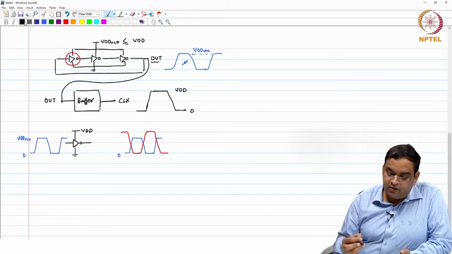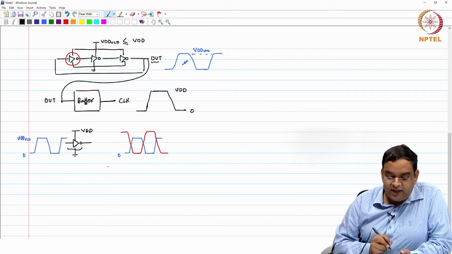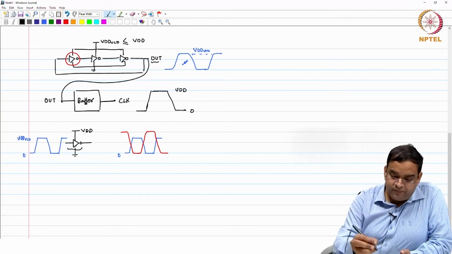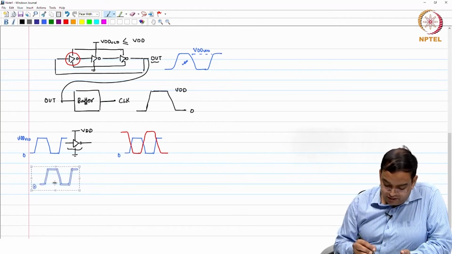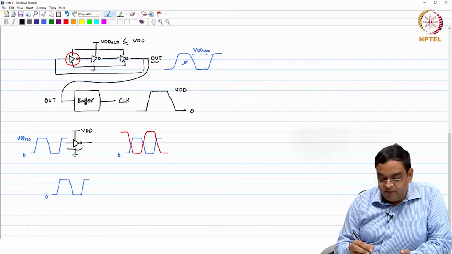So, it seems that if I want to buffer the clock, I can just connect an inverter and then I can get the full swing. But actually what happens is that because you have an inverter, this particular inverter will have a threshold voltage for NMOS and PMOS.